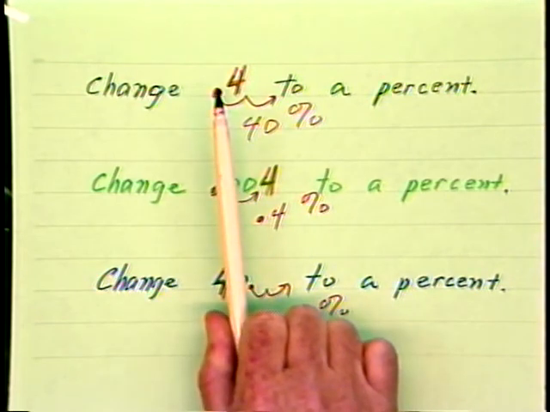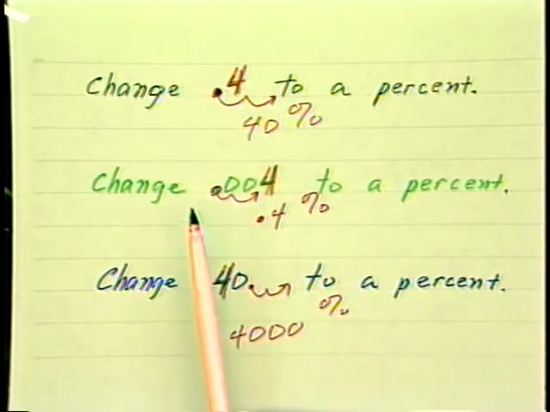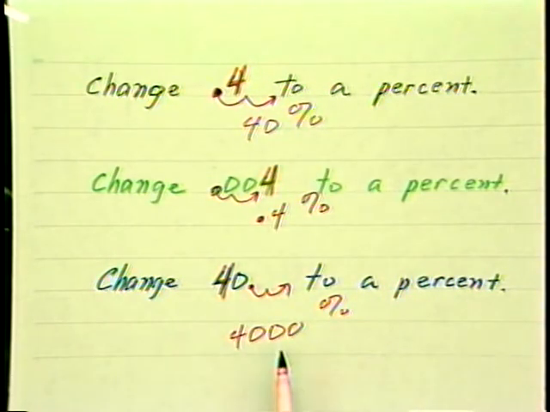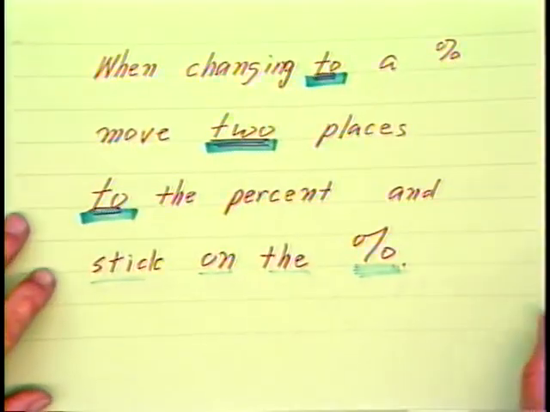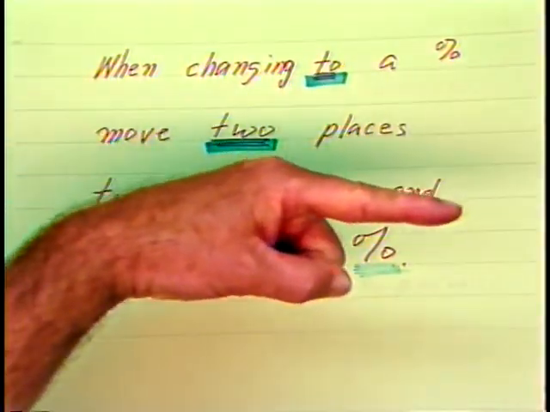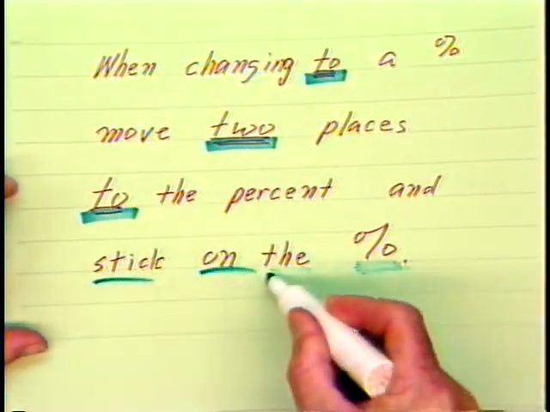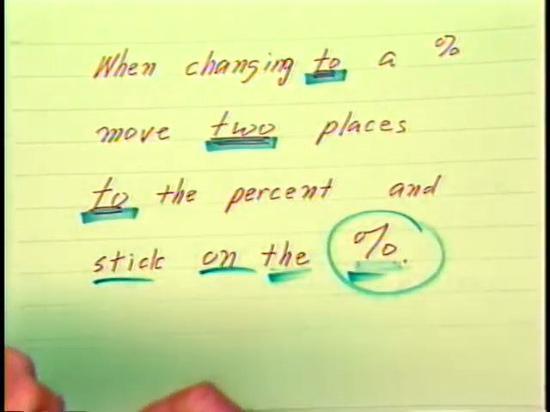Did I move the decimal point 2 places towards the percent in every single case? If the answer is yes, then you must be correct. And if it looks strange, well, it simply looks strange. But also remember that we said move it 2 places to the percent and stick on the percent.